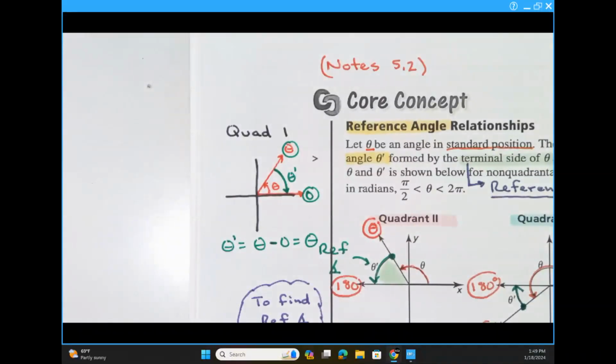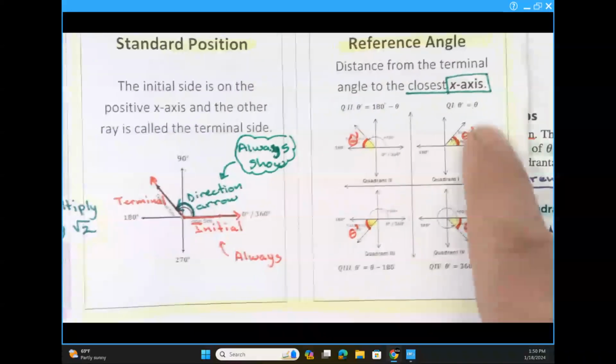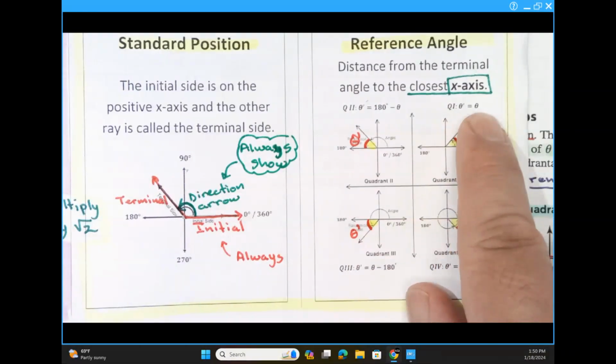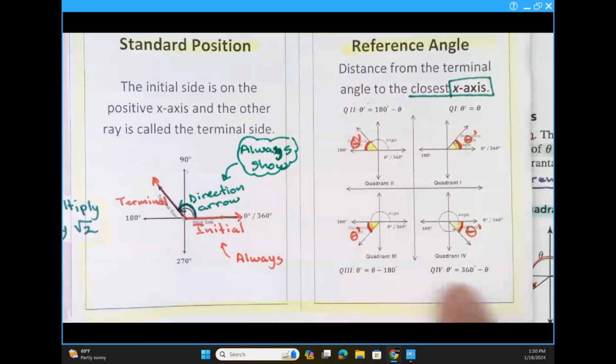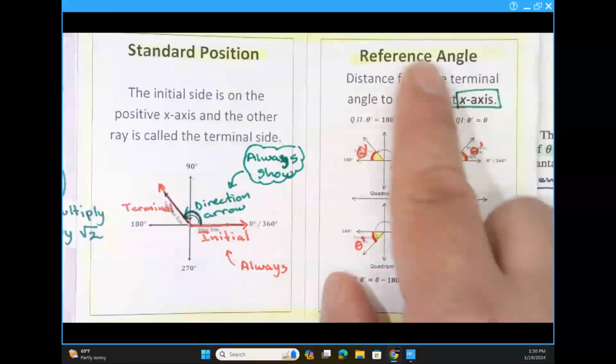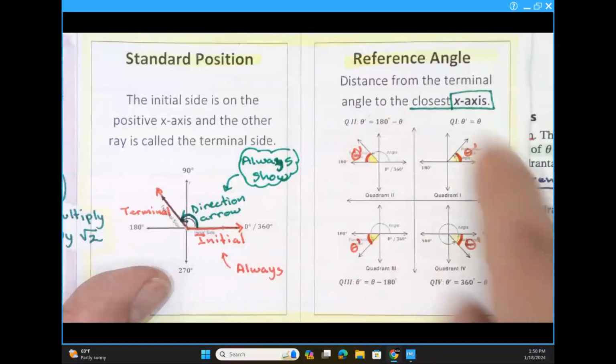Now, one thing to notice about these little rules, and again, it's in your word wall. So I'll show you right now with your word wall. See, here it is, reference angle. It has all of that multiplication, including quadrant 1. Look, it says they're equal to each other. But it tells you how to do each one. What you need to understand is, in order for me to find a reference angle, my angle needs to be within one turn.